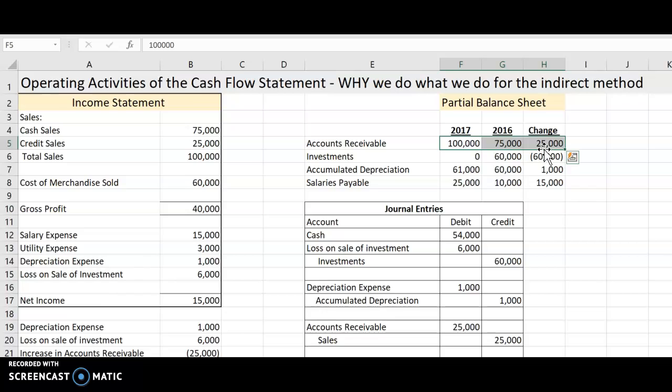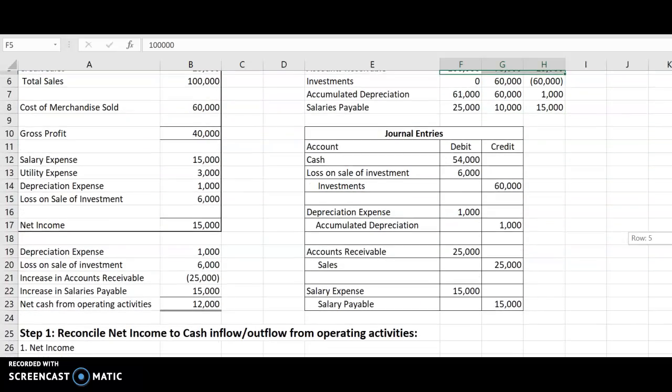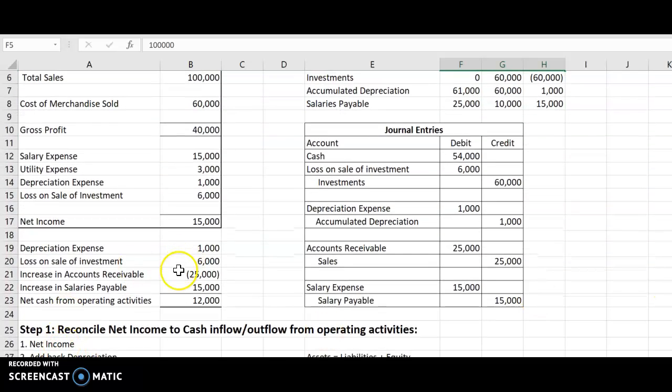And that's what I mean when I say we have an inverse relationship. The change in the non-cash assets, or accounts receivable in this situation, has an inverse relationship to our reconciliation. So we're going to say accounts receivable, it went up, we go down.